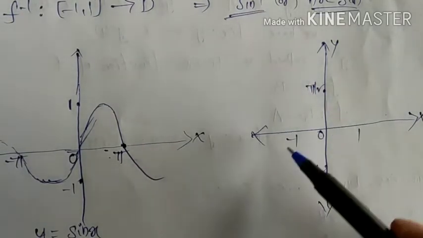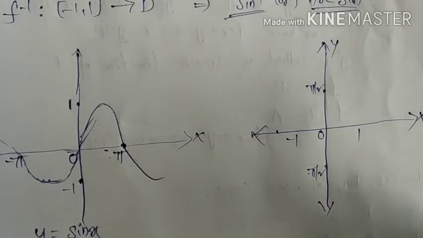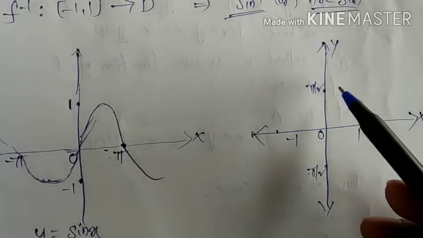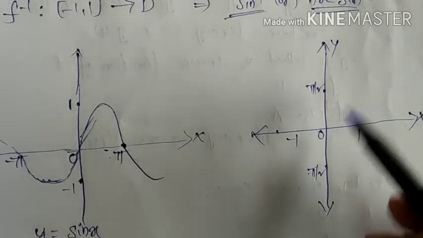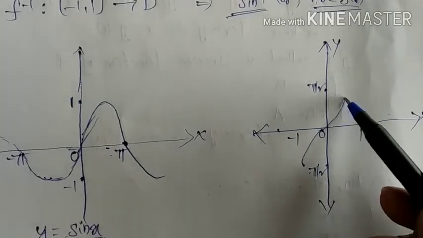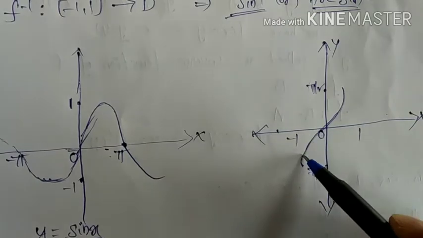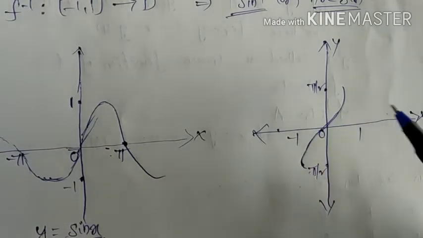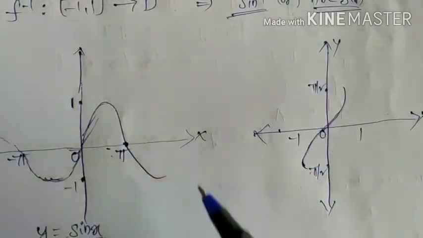So the graph is like this, from minus pi by 2 to pi by 2. This represents the graph of the sine inverse function.